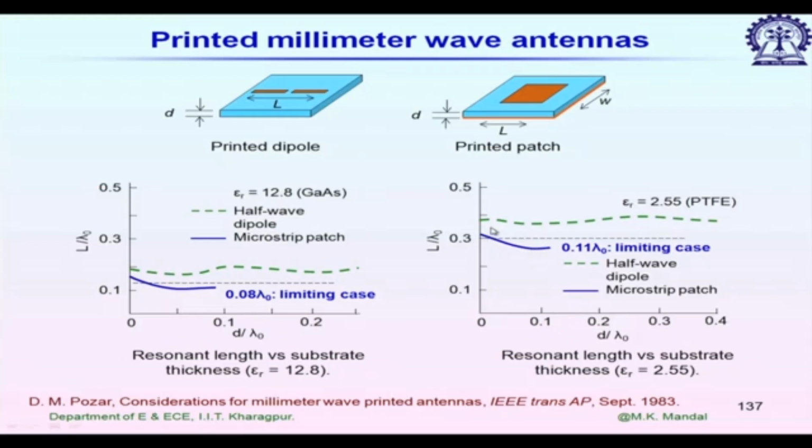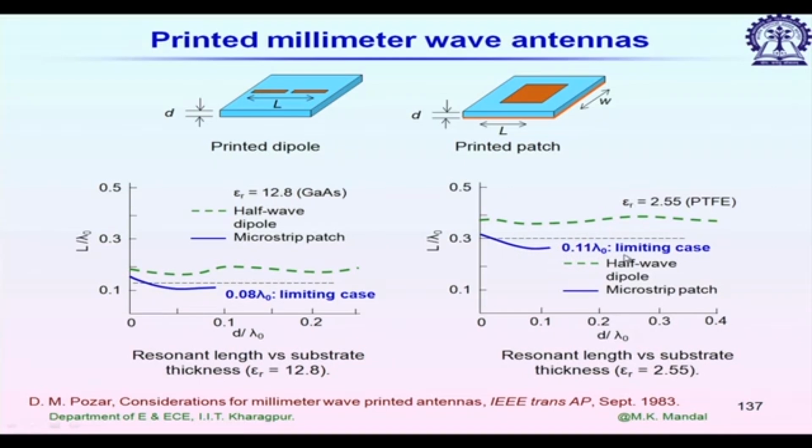So, in the right hand side plot, you see again the same thing, dashed line for half wave dipole and solid blue line for rectangular patch antenna. Since here epsilon r is 2.55, we could increase the substrate thickness d to 0.11 lambda naught.